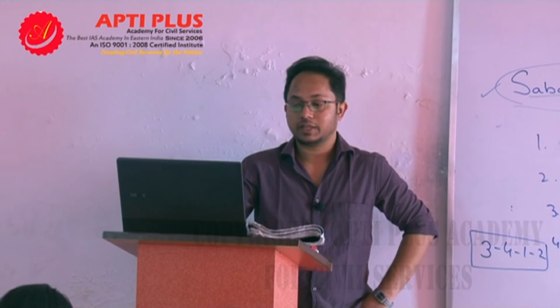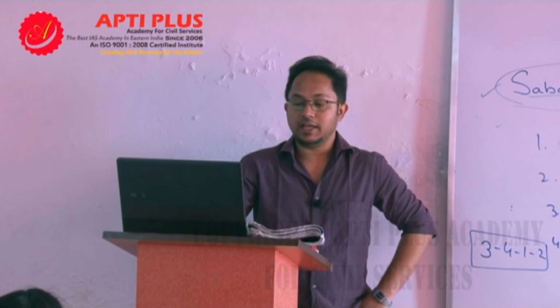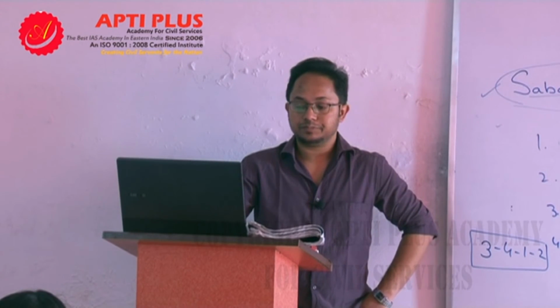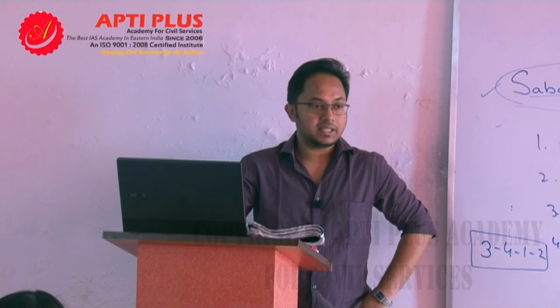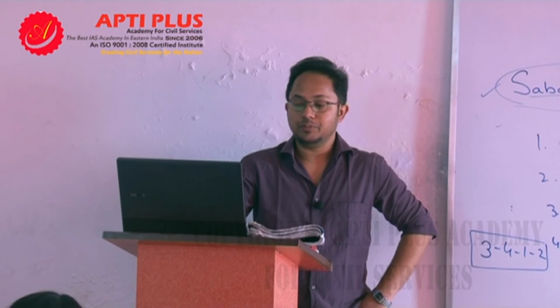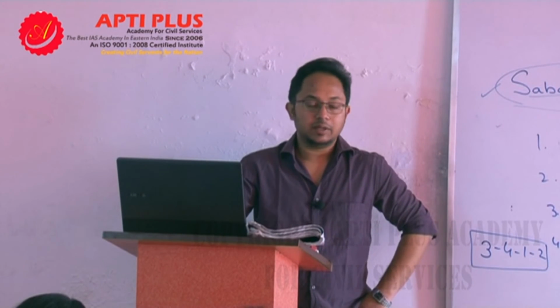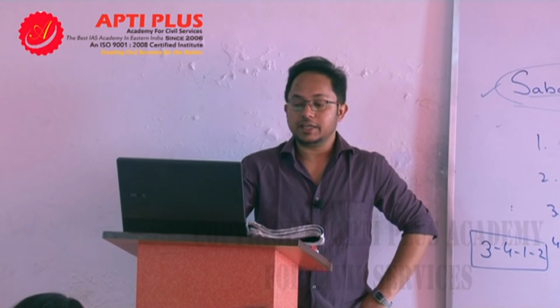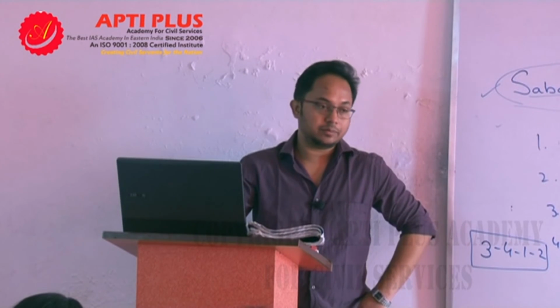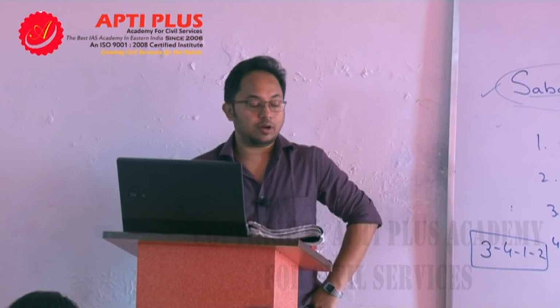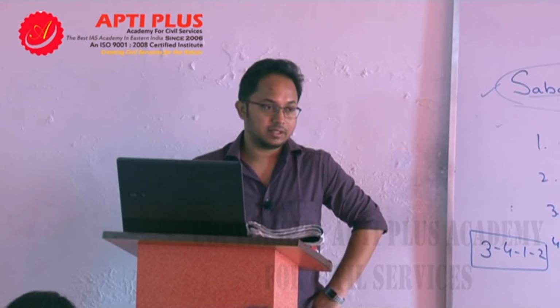Number 1, in India the Himalayas are spread over 5 states only. Second statement, Western Ghats are spread over 5 states only. Third statement, Pulicat Lake is spread over 2 states only. Which of the statements given above are correct?